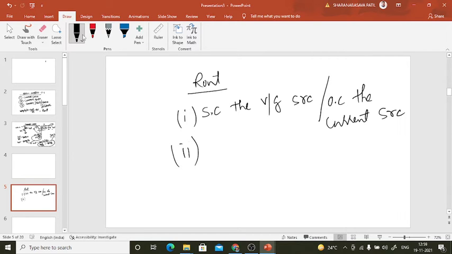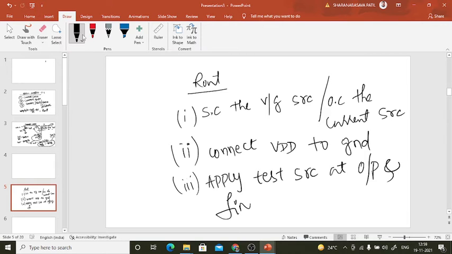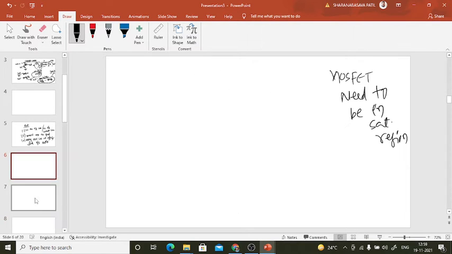Second thing, connect VDD to ground. Third step, apply a test source at output and find the V by I ratio. Okay, let's do that.